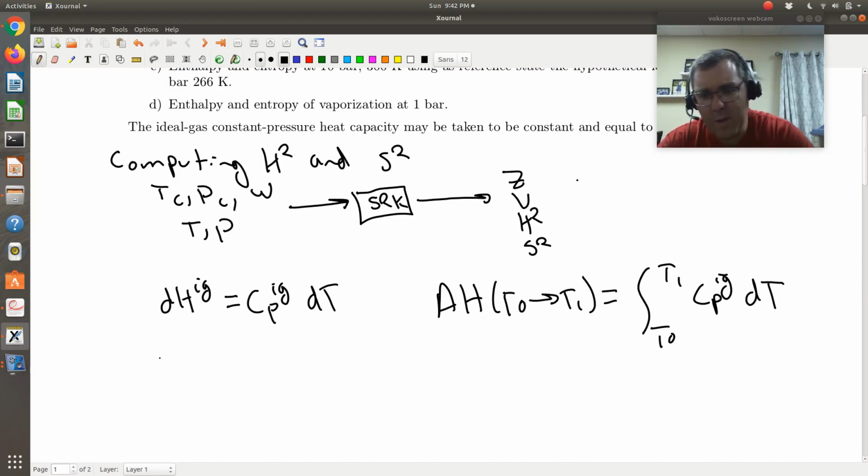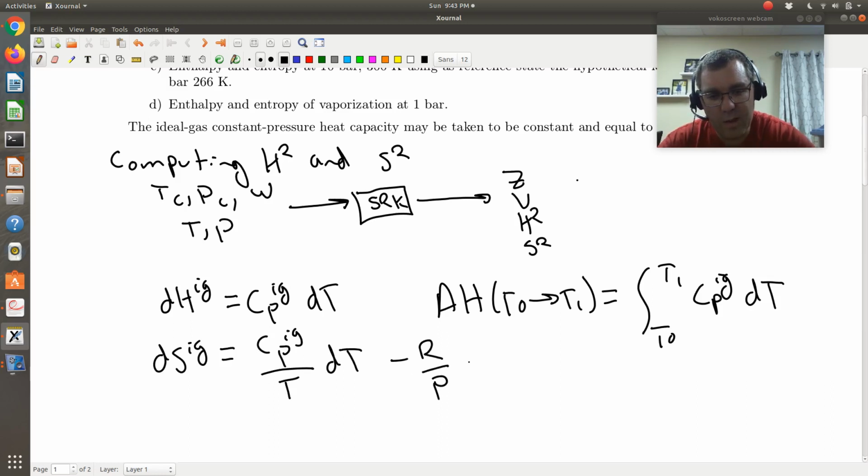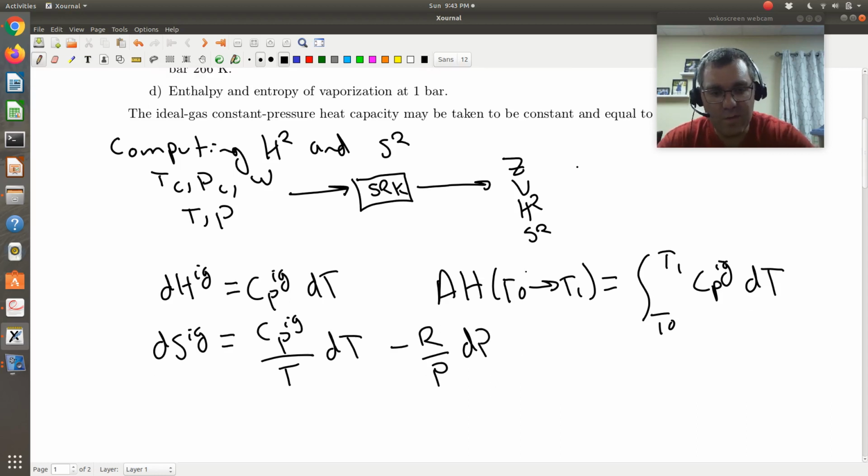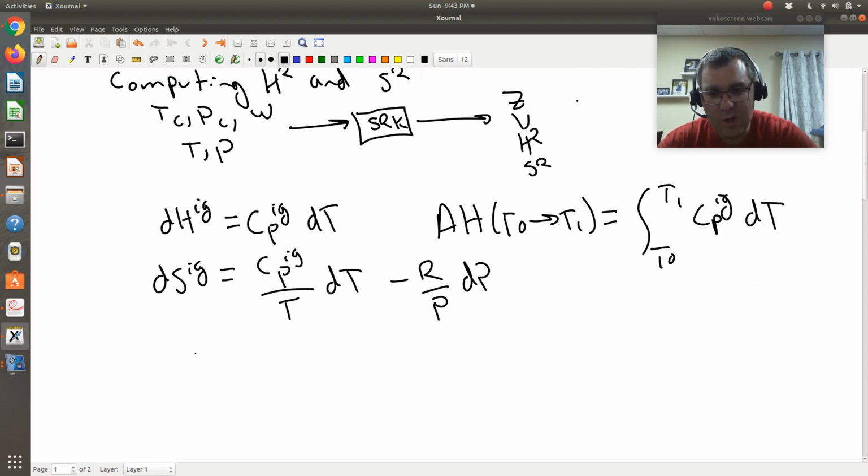In terms of entropy, the differential of entropy for an ideal gas is Cp ideal gas over T dT minus R over P dP. Okay, so if I needed to calculate the change in entropy, now here I said T naught to T1.